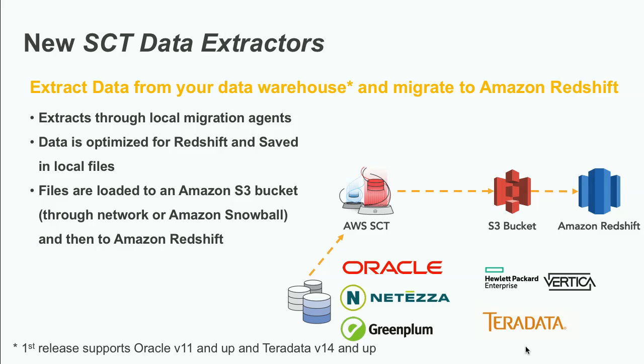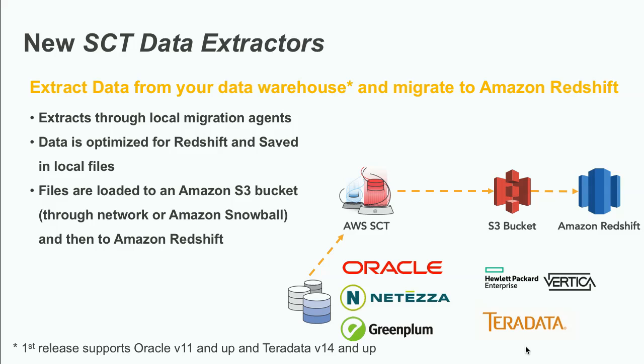So the advantage here is that it saves you the time of migrations, because data warehouses are usually huge, have huge sizes. The agent simply sits locally, prepares the files, and pushes them to AWS.